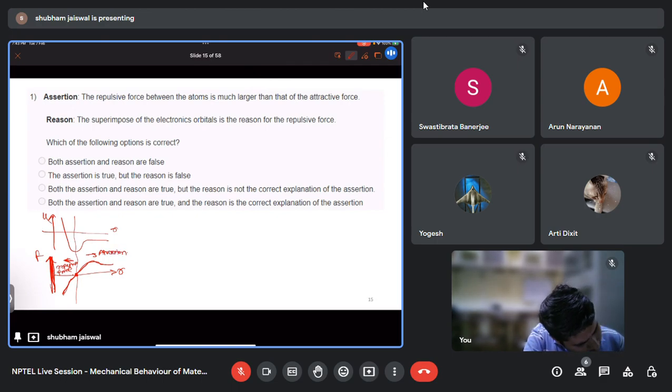Here you can see that the stiffness of the repulsive force is very much higher, meaning it is quickly changing, so a small change in separation gives a large change in force.